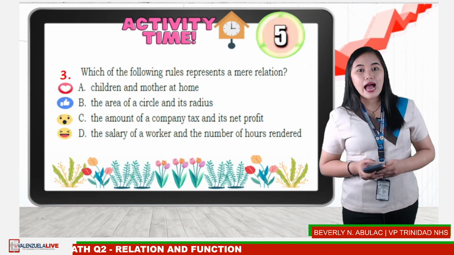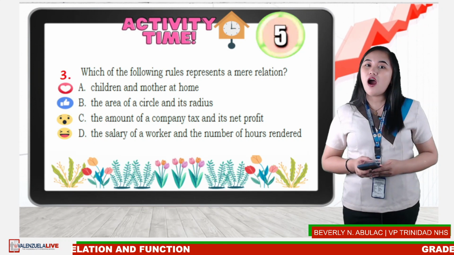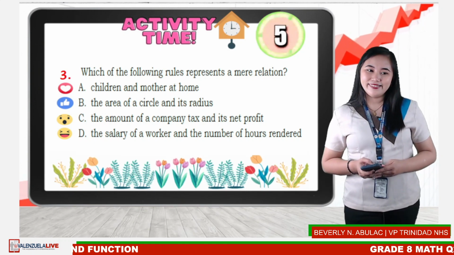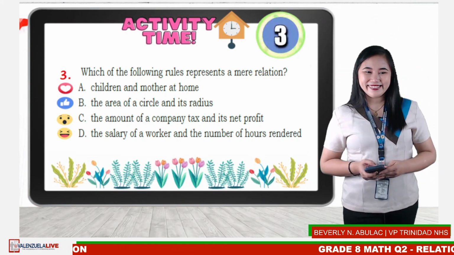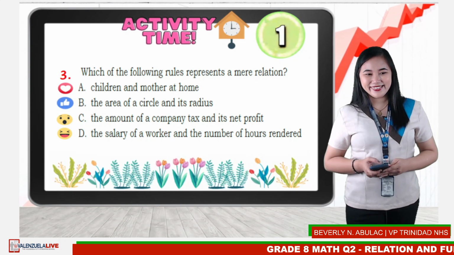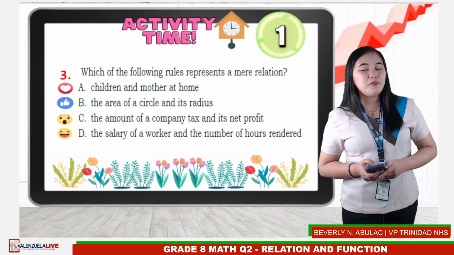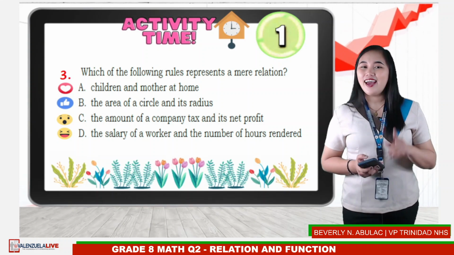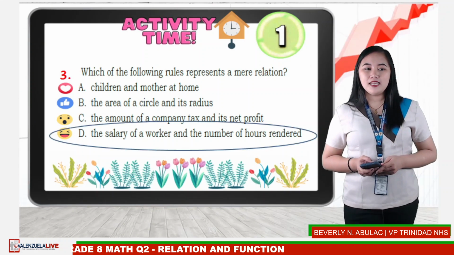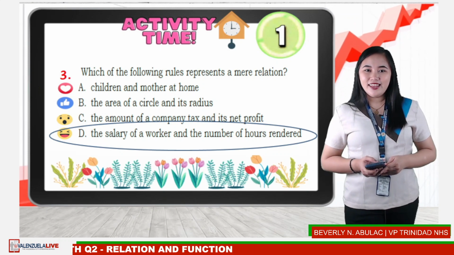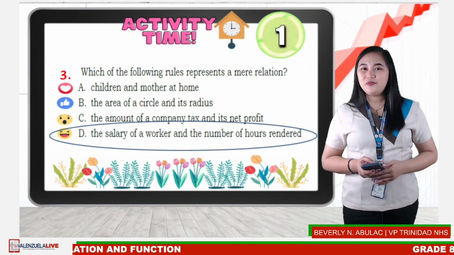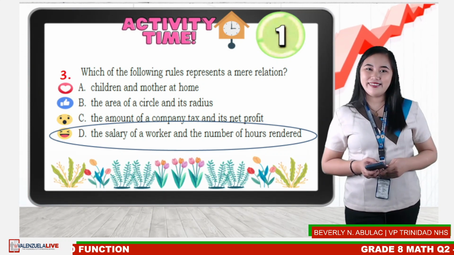D. The salary of a worker and the number of hours rendered. Are you done pressing the correct react button? Awesome! The answer is letter D. Therefore, you should be able to press the haha react button.